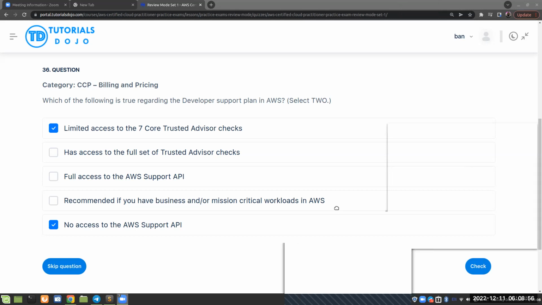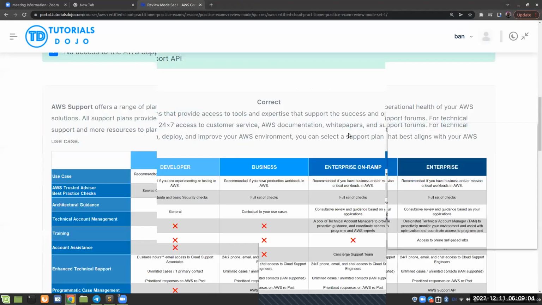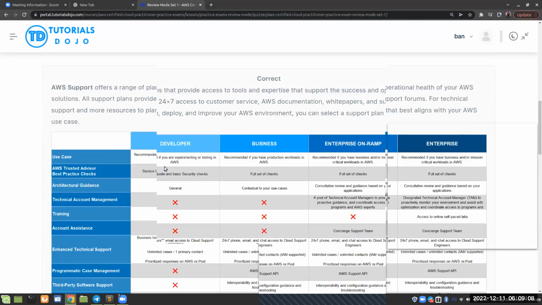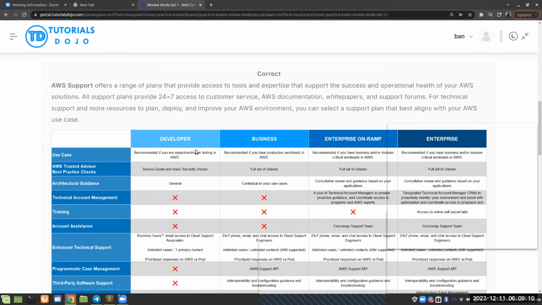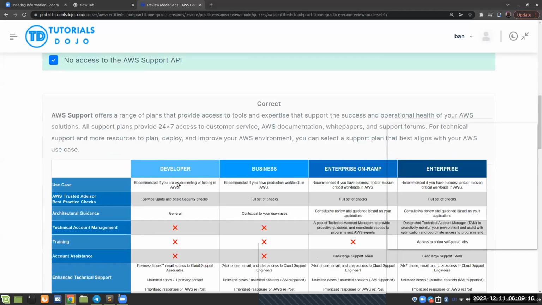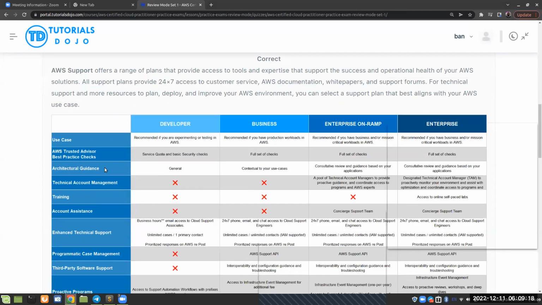All right, so it's back to our table. Let's check and see. So it's A and E, which is correct. This is the developer plan, so you just need to know what things are supported here. We have limited access to the 7 core service quota and security best practice checks, that's Trusted Advisor.